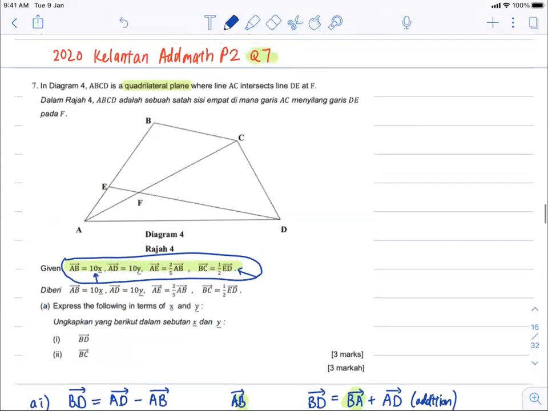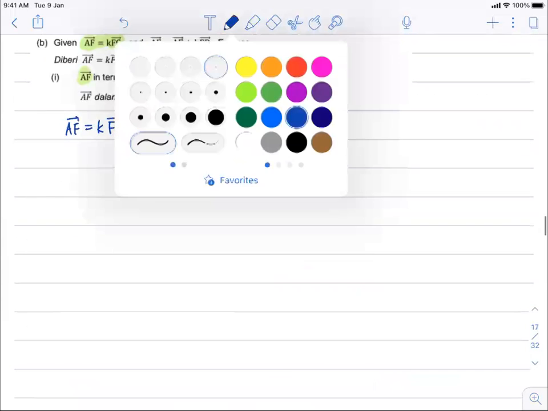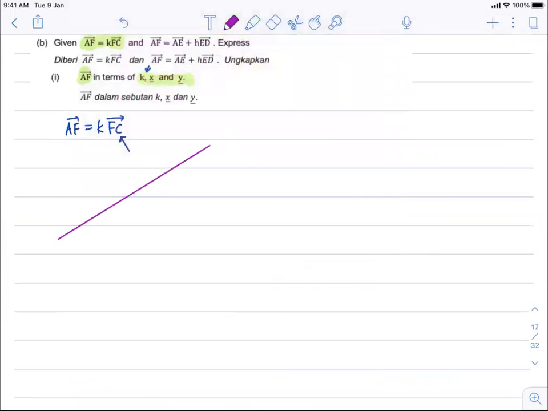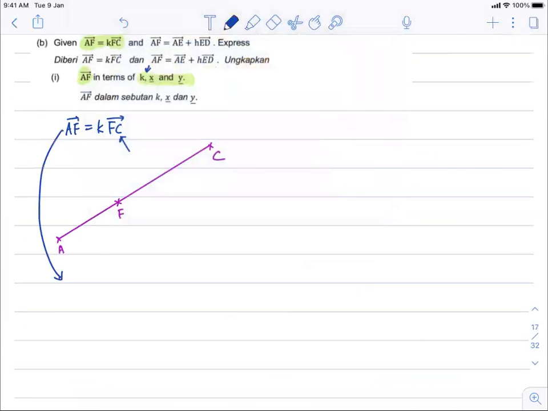To do that, we need to look into the diagram. Notice F is available over here. So let's draw it out. This line is A, F, and C. After we have this line, we can rearrange this term into AF over FC is equal to k.